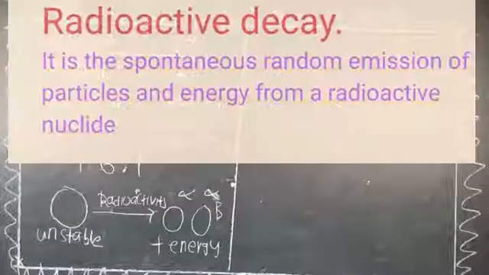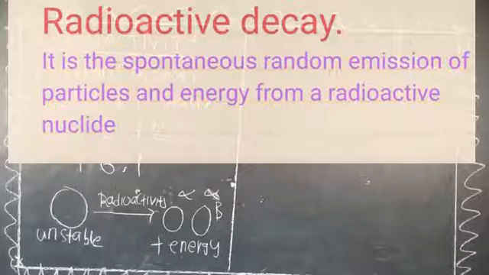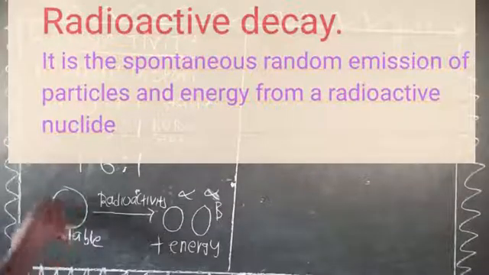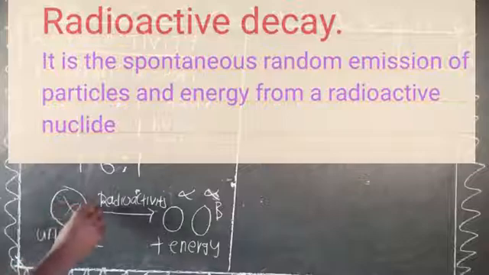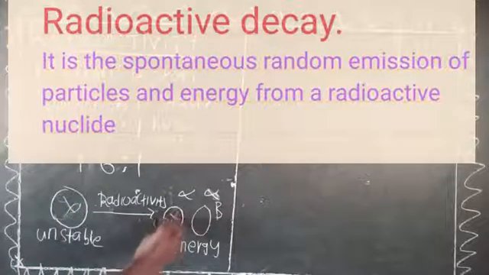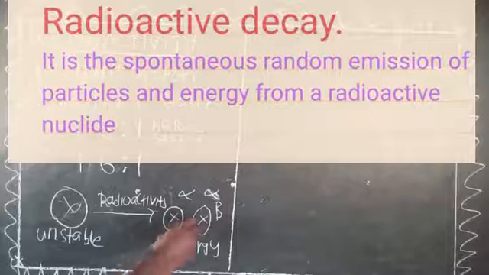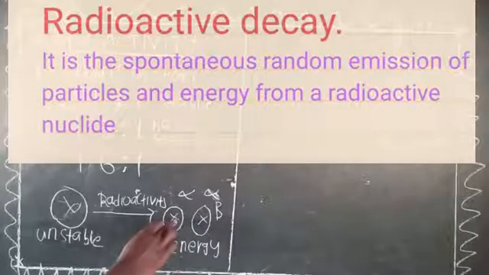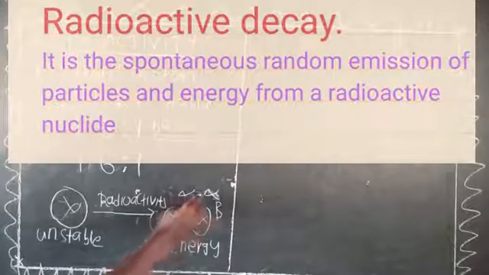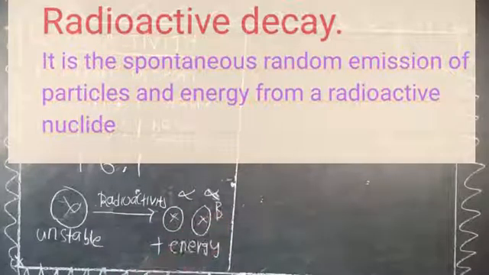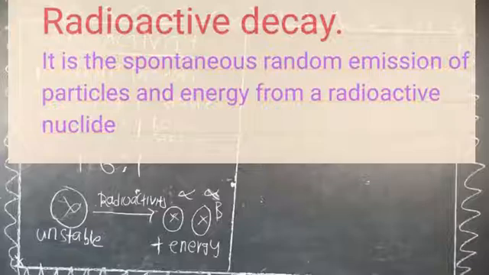The spontaneous random emission of particles and energy from a radioactive nuclide to give out smaller nuclide and particles, with the release of energy, is what is referred to as radioactive decay.